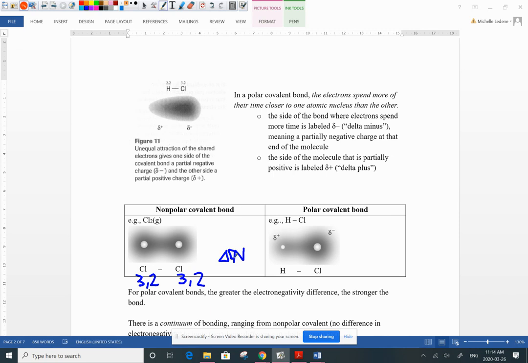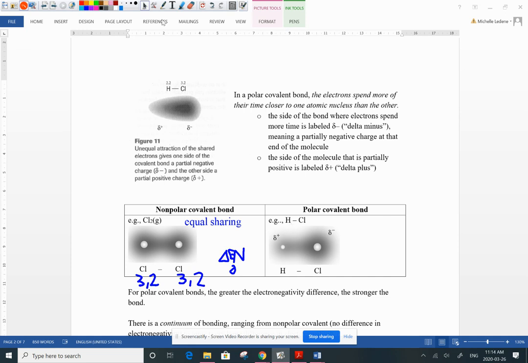Nothing. The electronegativity difference is 0. There's no difference between them, and so there's no dipole, no bond electronegativity difference. What does that mean? It means there's equal sharing of electrons. These atoms are going to form a covalent bond that is nonpolar. Okay, a nonpolar covalent bond.